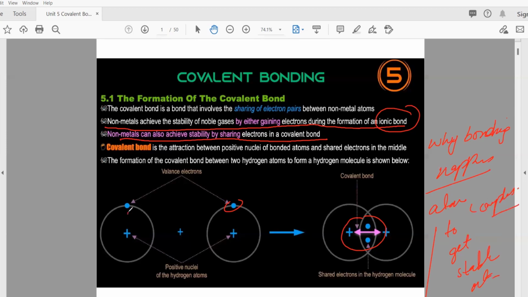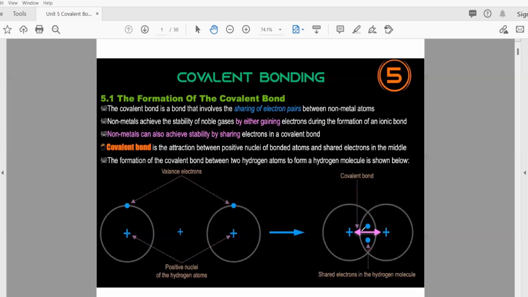Here the first shell is the last shell. It has one, so when it shares, it counts both, and its last shell is complete. The same for the other one. By sharing, they complete their last shell. This type of bonding is known as covalent bonding.